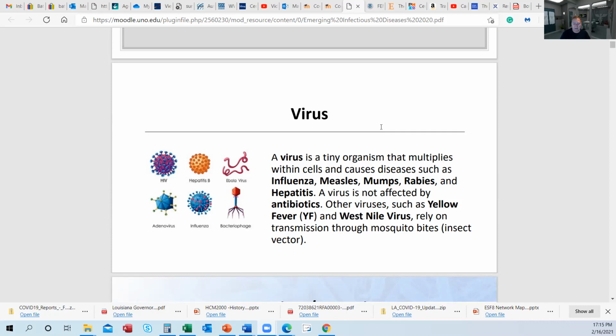Some are, and there's a whole family of coronaviruses that typically aren't dangerous. SARS-CoV-1 first emerged in 2003, very deadly, very dangerous, but we've not seen it since.